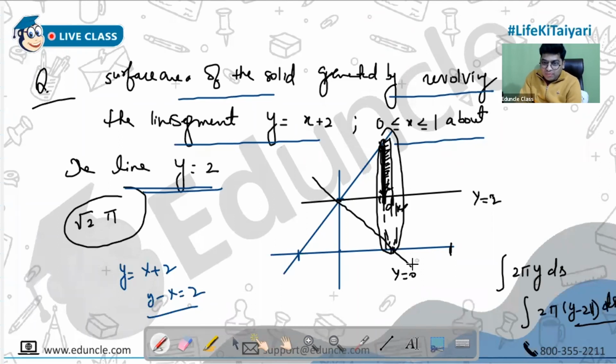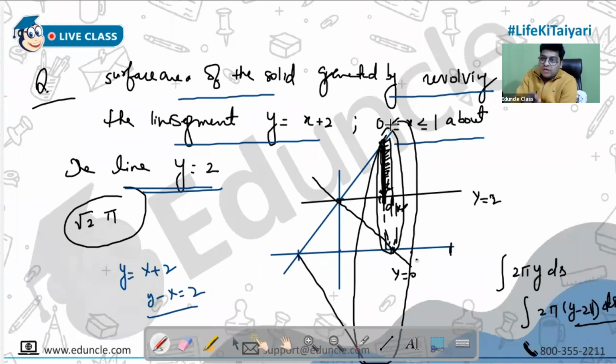But when you take about this, it will be like this. So the surface area of the cone will be larger. But what we are taking, if you take this, then you have to take just a mirror image of this about this. Done? The point is clear to you? Yes or no? Yes.